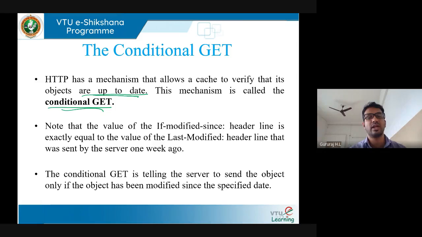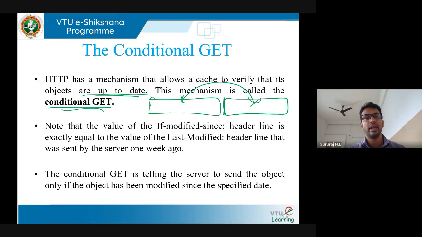This mechanism is called the conditional GET statement. How does this work? It will verify the last modified date and the current modified date. If the object has been modified, it will give the new data as the result. Conditional GET tells the server to send the object only if the object has been modified since the specified date. So this is what conditional GET is about.